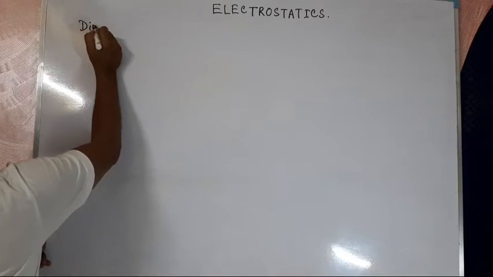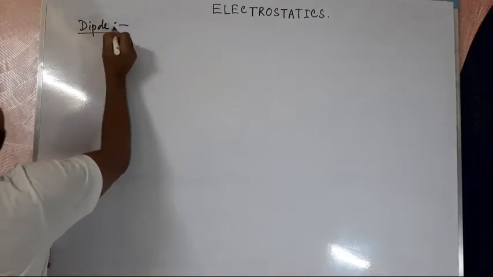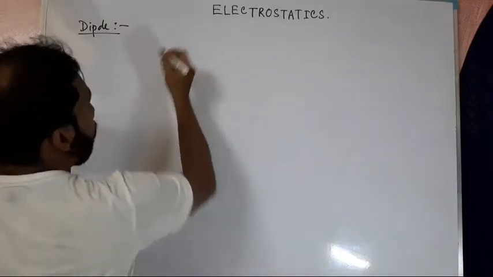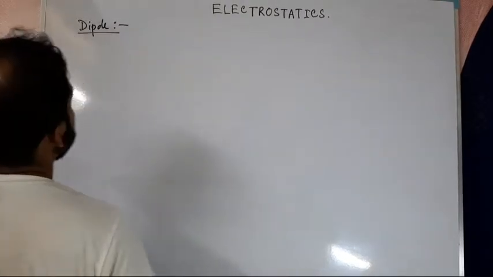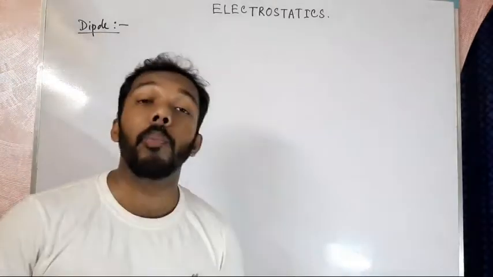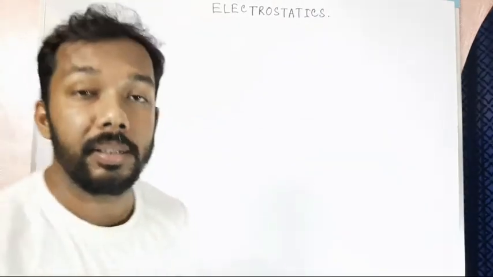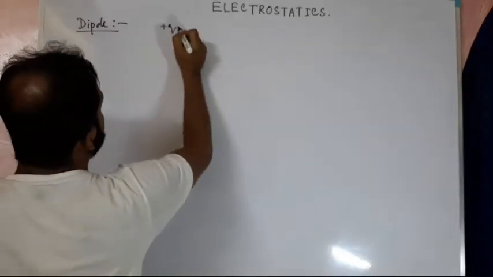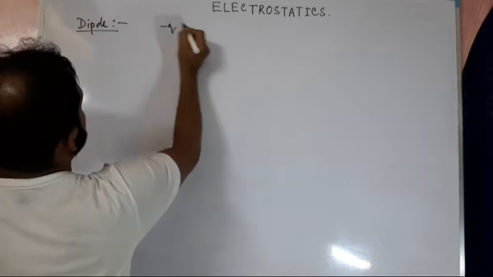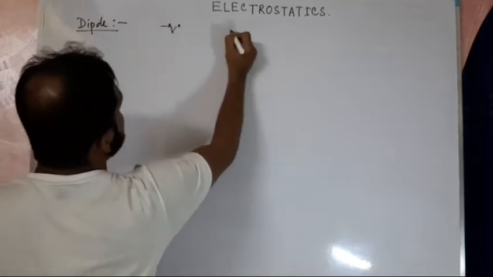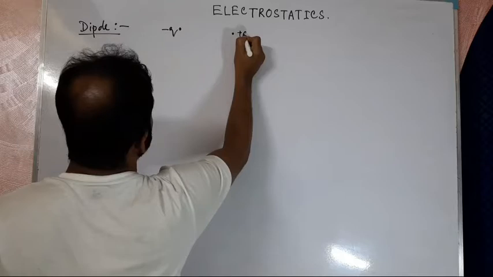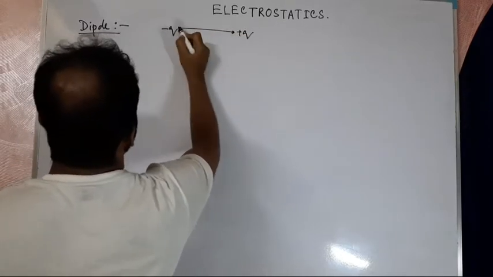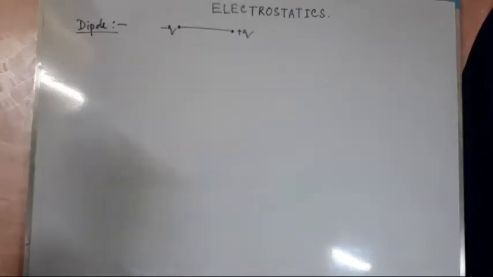Dipole. What do we mean by dipole? A dipole is two equal and opposite charges, say minus q and plus q, separated by a small distance.